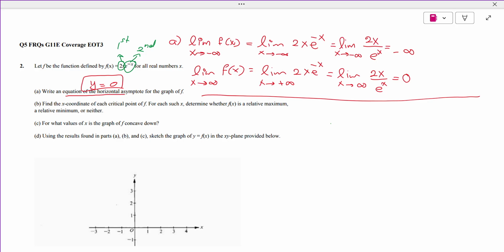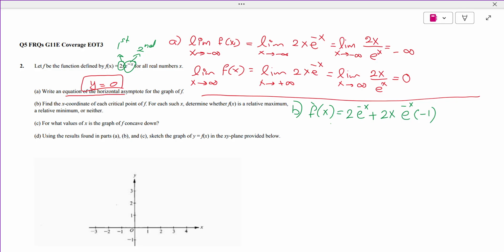So if you differentiate the function to get f prime of x, you will differentiate the first, which is 2, leave the second e to the power of minus x, plus leave the first as 2x, differentiate the second, e to the power of minus x times minus 1.